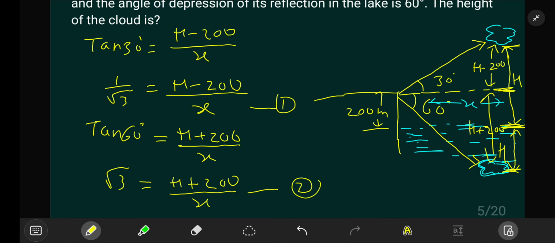Now divide 1 by 2, the first equation divided by the second equation.